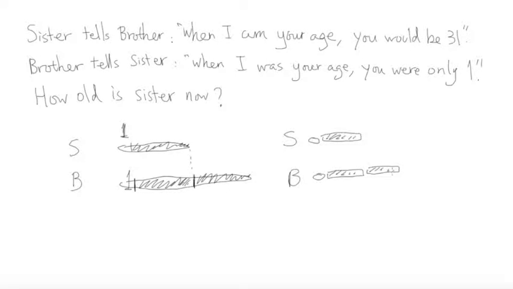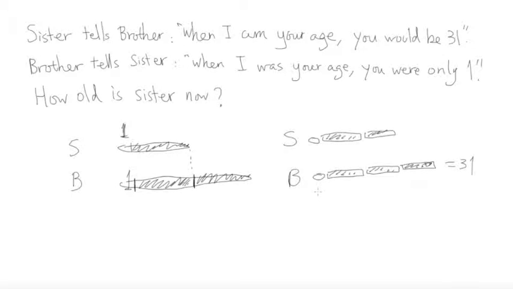Okay. And now the sister says, when I get to your age. So let's say the sister grew to the brother's age, which means the sister adds that many years, but at the same time the brother also grows by the same amount. So add how many years? And then the brother will be 31 years old.